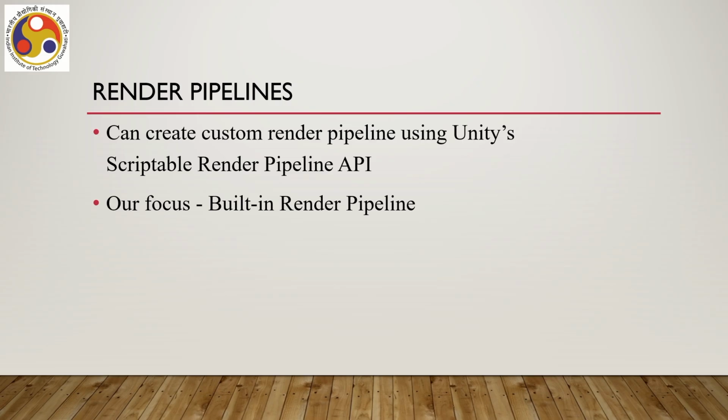A developer can also create a custom render pipeline using Unity's scriptable render pipeline APIs. Now, in the subsequent part of the lecture, we are going to focus on the built-in render pipeline and the features provided by this pipeline.